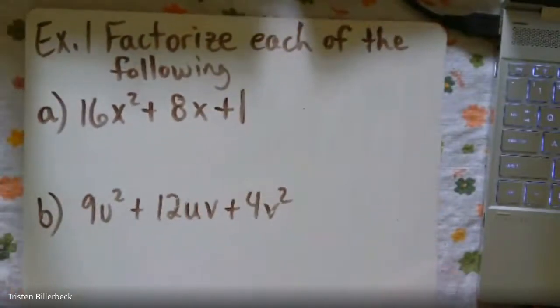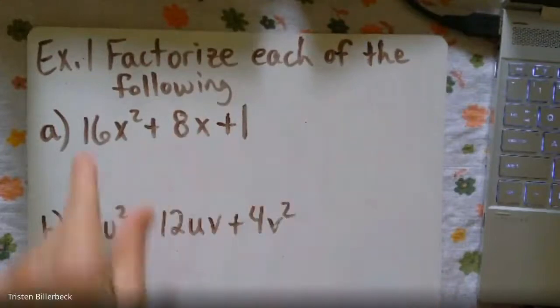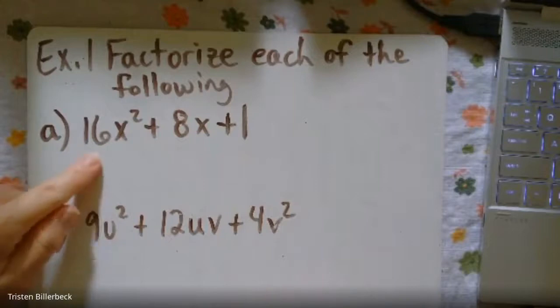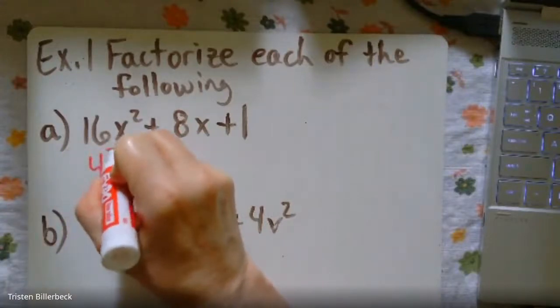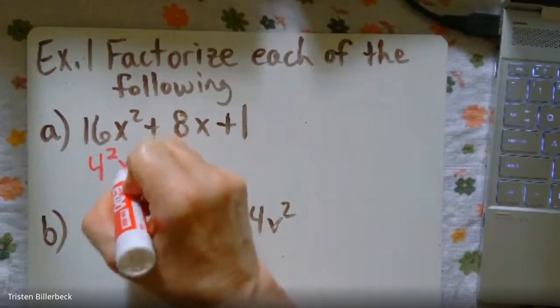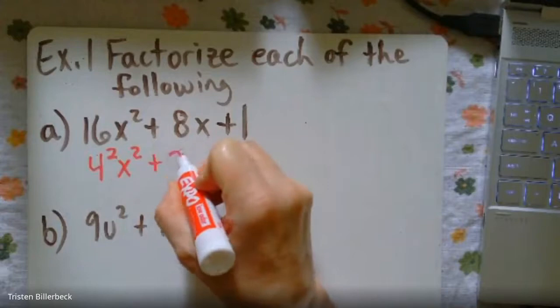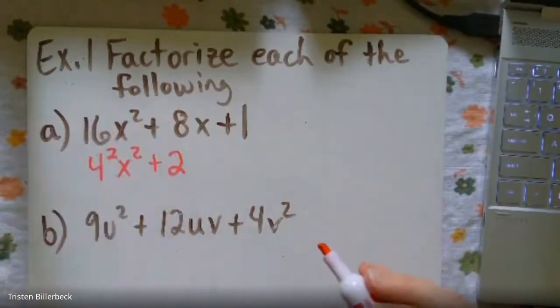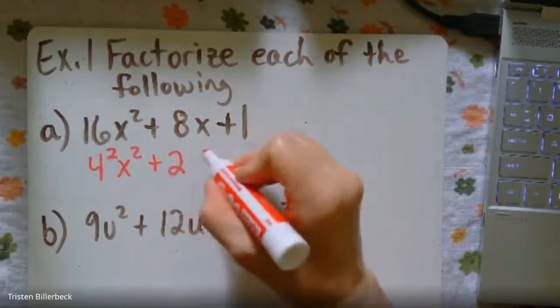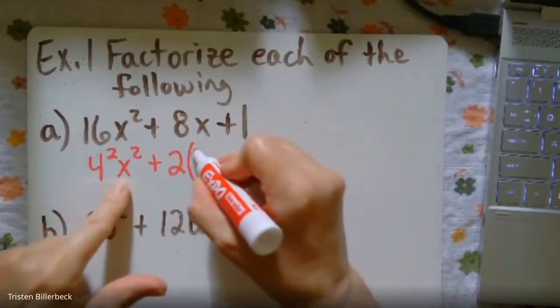Okay, so this one says factorize each of the following. So we're going to do the same thing. This time we're going to see, oh, 16. That is just 4 squared hiding. So we have 4 squared x squared plus, we know in the special formula that there's a 2 here, and 2 times 4 is 8, and we're pretty sure a is going to be 4x.